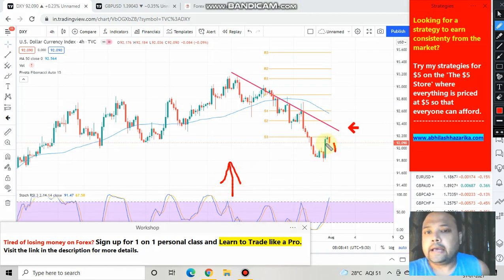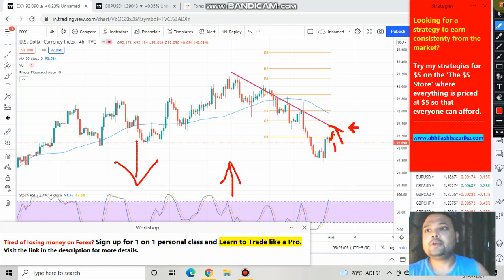But if the dollar starts going up, then you will see GBP USD going down. Keep in mind, this chart is extremely important, and as you can see here, the whole setup of the dollar index has changed now. Right now the market is under the dominance of sellers, and in case the market goes up from here, then again it will face resistance and go down.